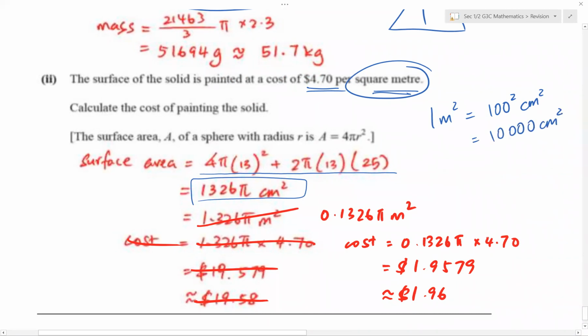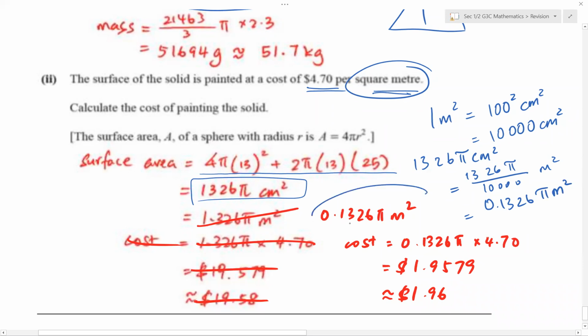So what about 1326 pi square centimeters? To convert it to square meters, we need to divide by 10,000. So 1326 pi over 10,000 square meters. Move the decimal 1, 2, 3, 4 places. 0.1326 pi square meters. This is the conversion to square meters. Then the cost is simple.